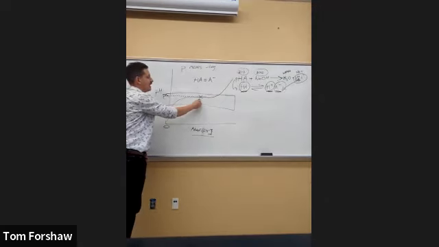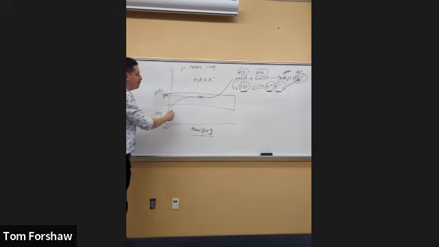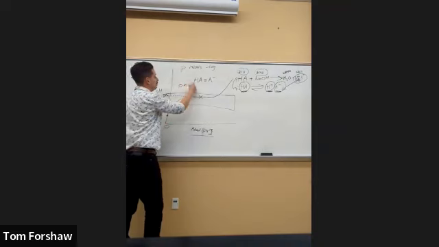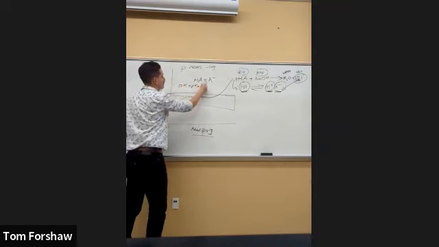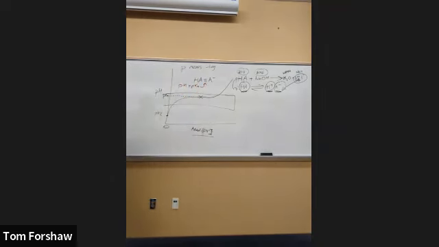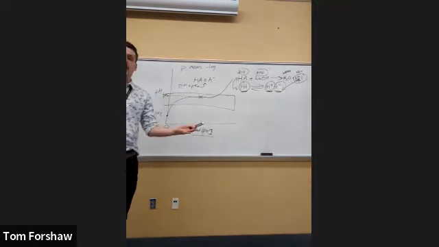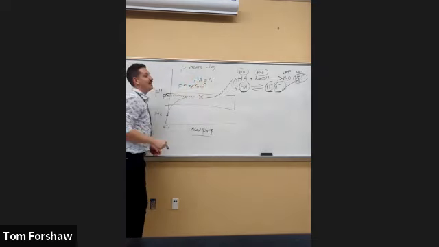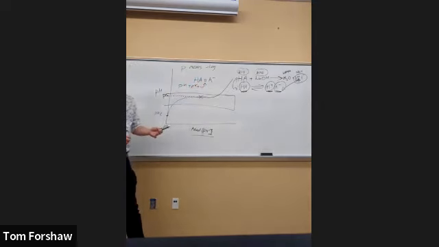So at this center point, when pH equals pKa, HA equals A minus. So the weak acid is 50% dissociated at this center point. When pH equals pKa, HA and A minus are equal.